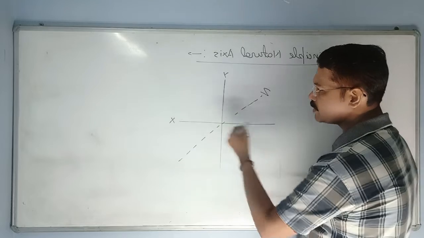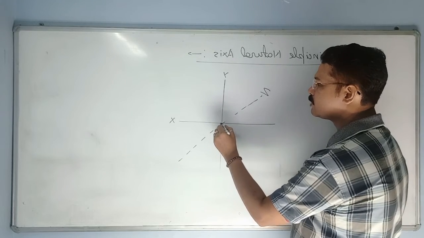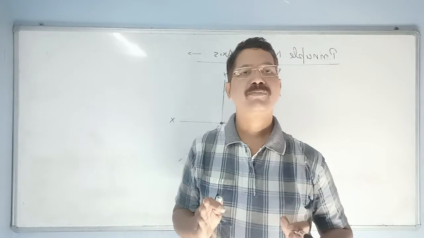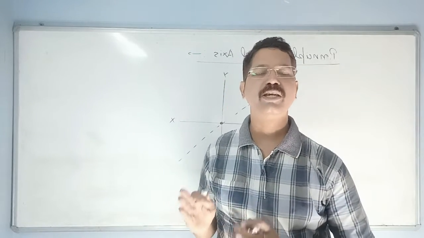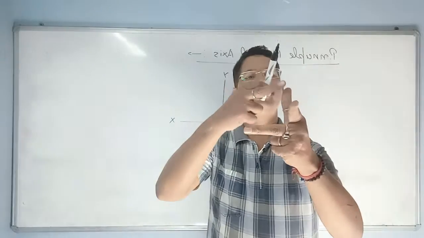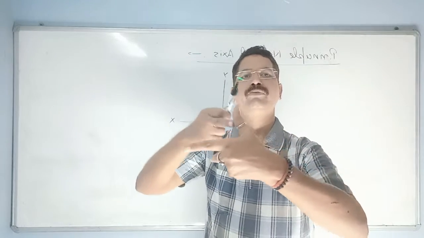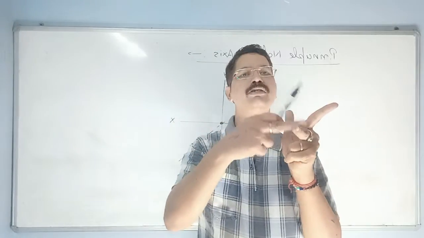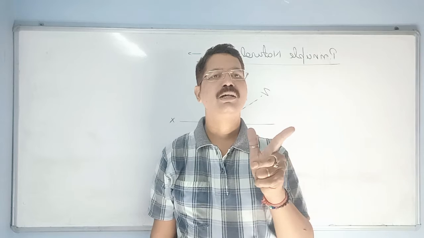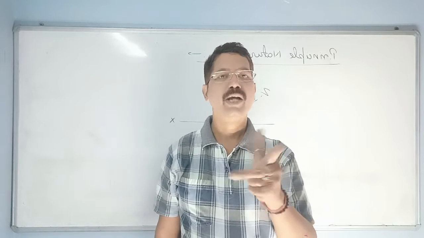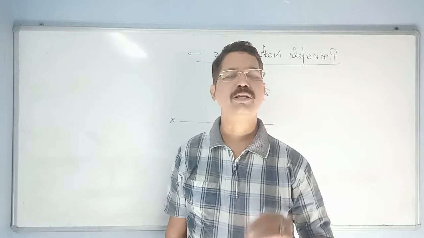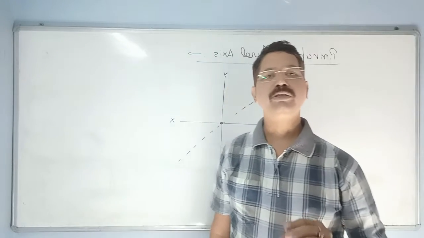All these axes are passing through the center. This is the x-axis, this is the y-axis, this is the z-axis. All axes are at right angles, and for simplicity we made the principal natural axes in the Cartesian system.